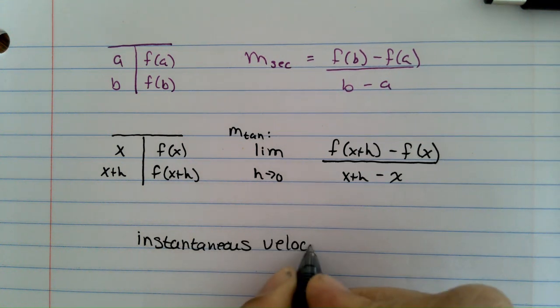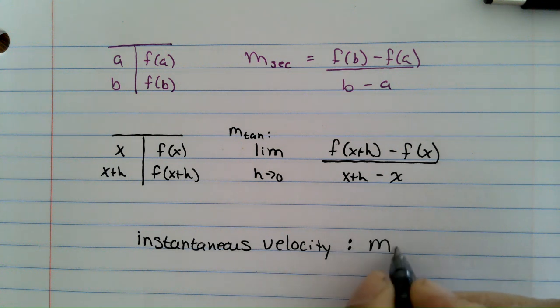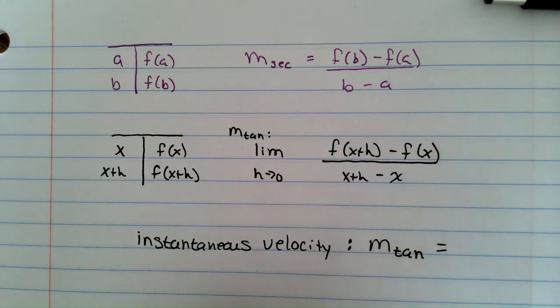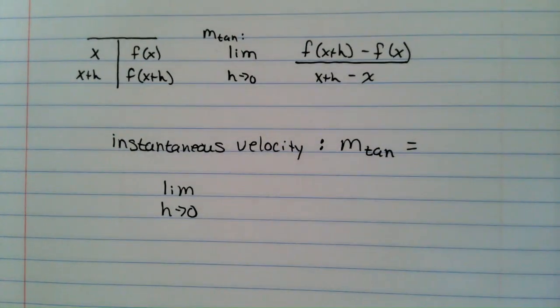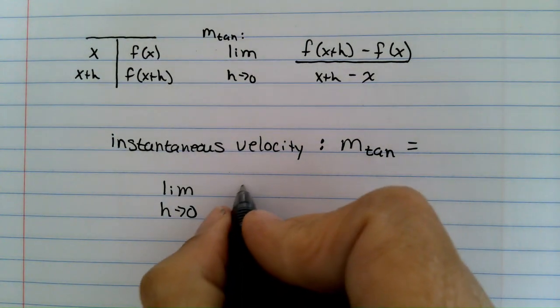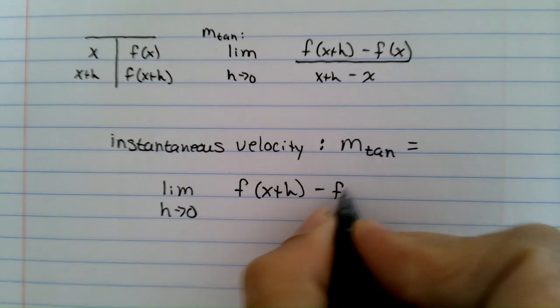Yeah, so now we know the instantaneous velocity will be the slope of the tangent line, which will be the limit as h approaches 0. Sometimes they use delta x. I'll write that in a second as well, because it depends on your textbook what it's going to look like.